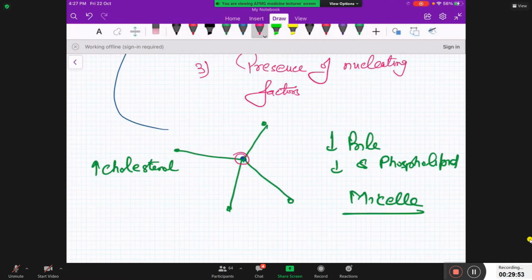Whenever there is an increase of cholesterol or a decrease of bile salts and phospholipid, it is called a supersaturated or lithogenic bile. So anything in the body that leads to an increase in cholesterol or a decrease in bile salts and phospholipid will cause stone formation.